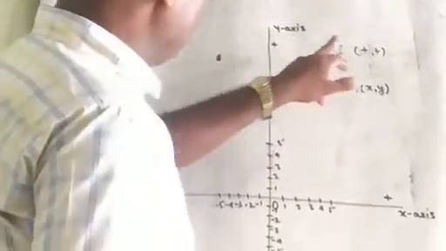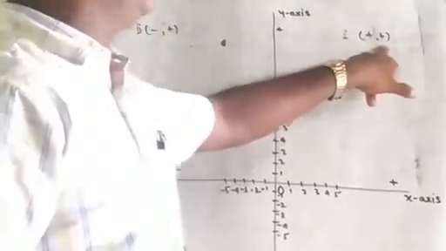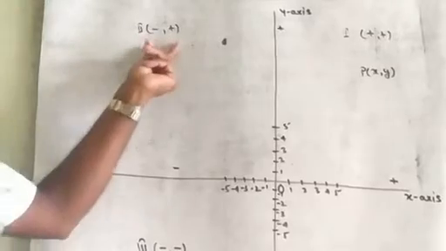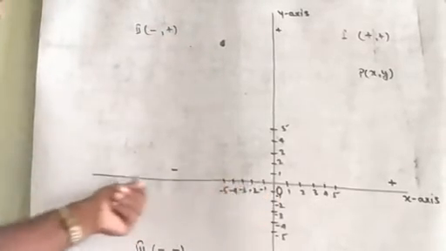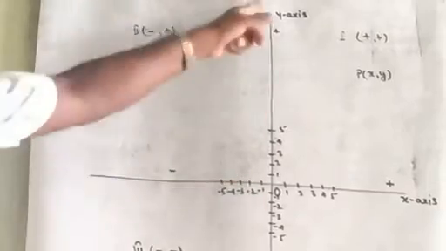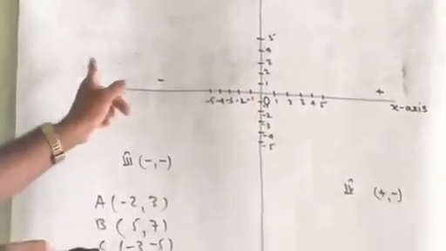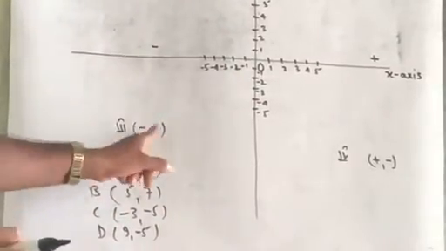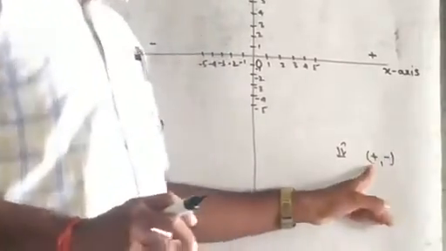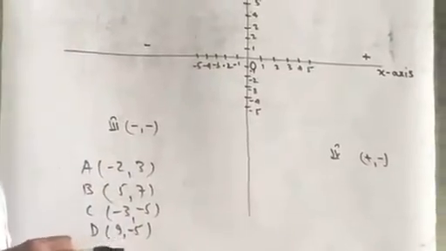Then in the first quadrant, abscissa value and ordinate value both are positive. In the second quadrant, the abscissa value is negative and the ordinate value is positive. In the third quadrant, abscissa and ordinate both values are negative, minus comma minus. And in the fourth quadrant, the abscissa value is positive and the ordinate value is negative.